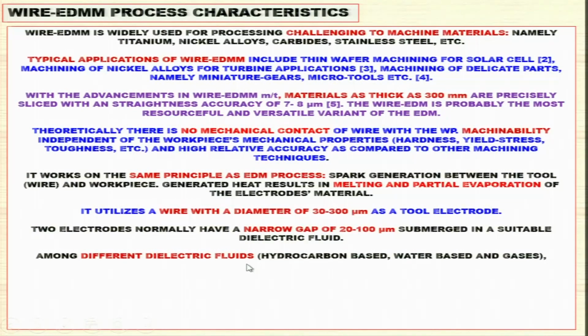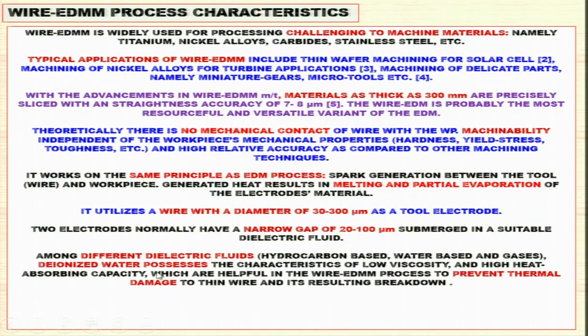Among different dielectric fluids, hydrocarbon based, water based, gases, etc., deionized water possesses the characteristics of low viscosity and high heat absorbing capacity, which are helpful in the wire EDM process to prevent thermal damage to thin wire and its resulting breakdown.